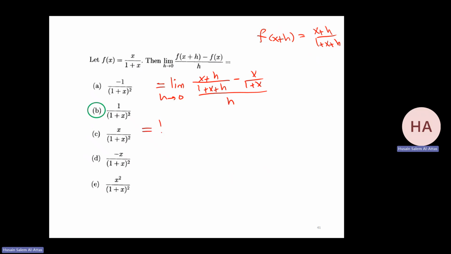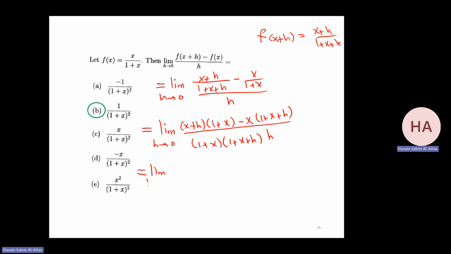That will be the limit as h goes to 0. You have (x plus h)(1 plus x) minus x times (1 plus x plus h), over (1 plus x)(1 plus x plus h) times h.